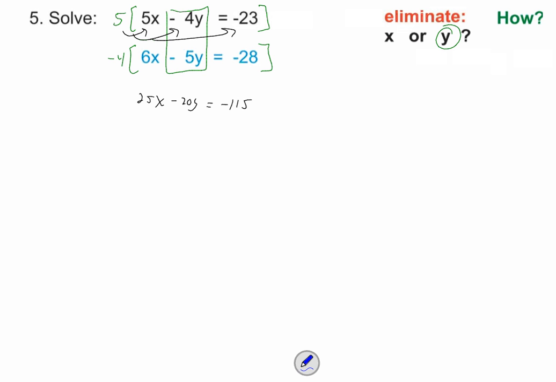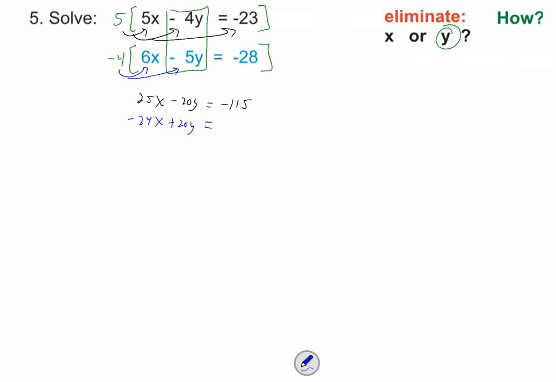New blue. Negative 4 times 6x is a negative 24x. Negative 4 times a negative 5y is a positive 20y. Our y's are going to be eliminated.